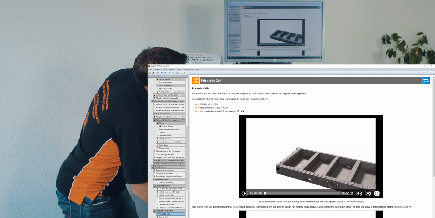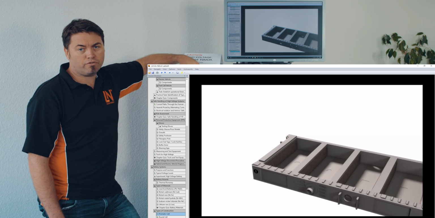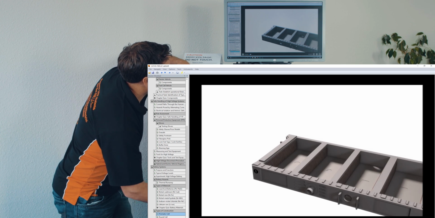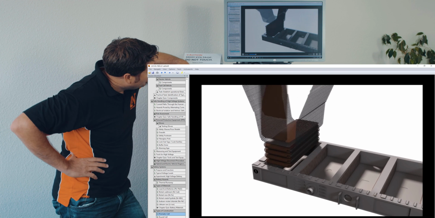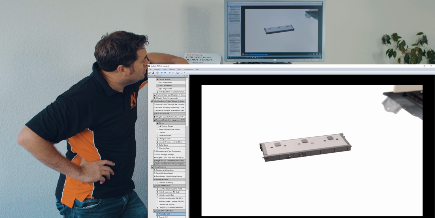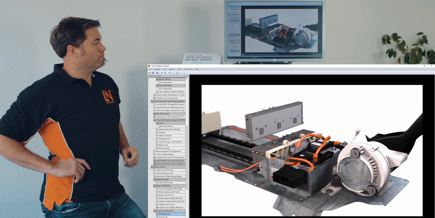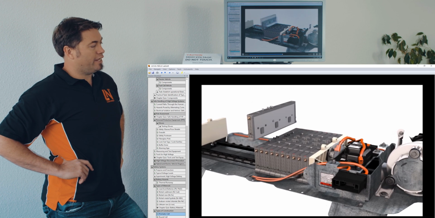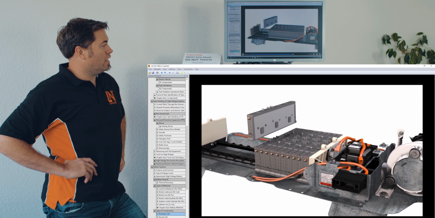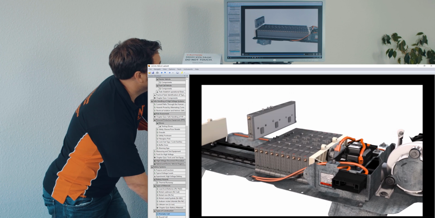Various types of batteries. So you see here, this is a prismatic cell. So this is what you find in the Toyota systems, nickel metal hydride. And the important thing here is that each of those cells are connected in series, so that they build upon one another, and that's how we get the voltage.